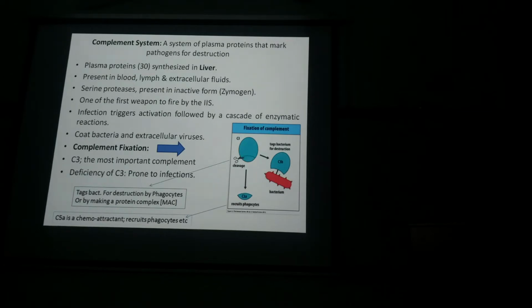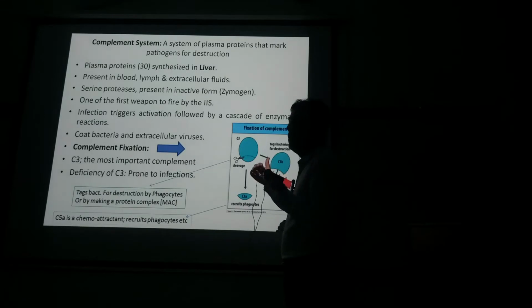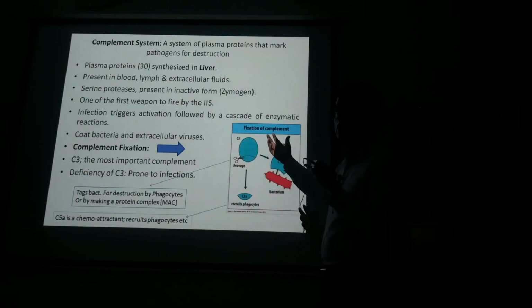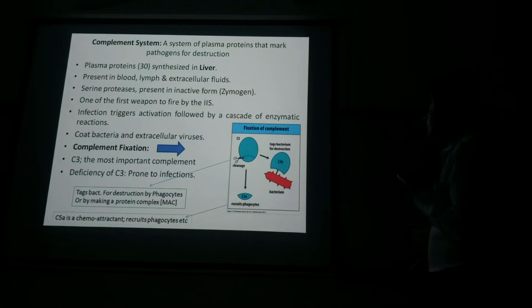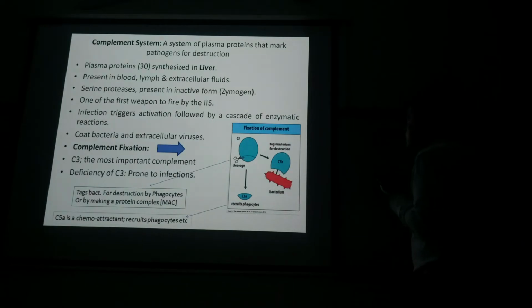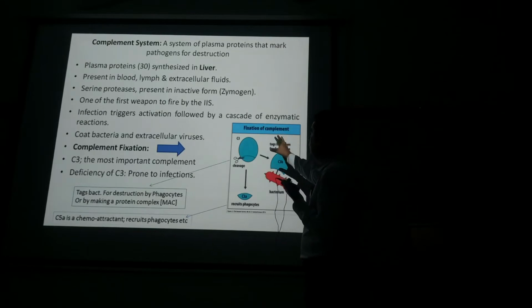For instance, the complement can attach itself to the surface of bacteria or to a virus. Coating of the pathogens with the complements is called complement fixation. This is, for instance, complement fixation here.